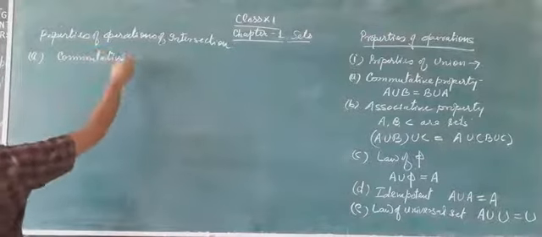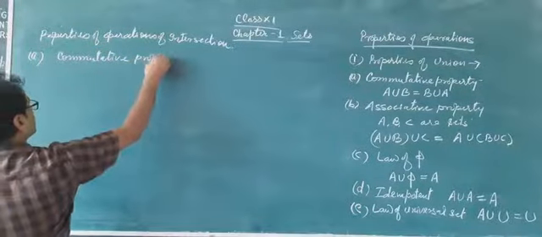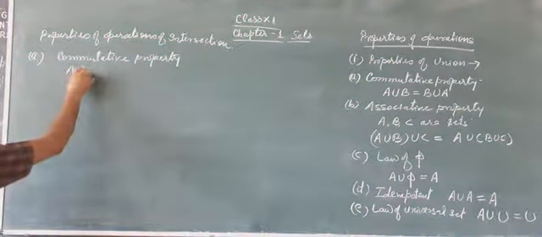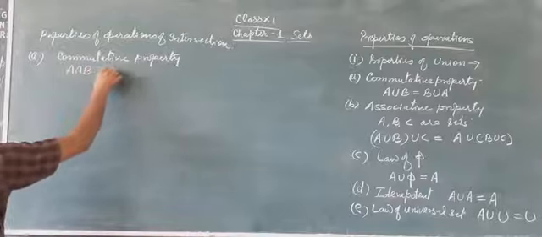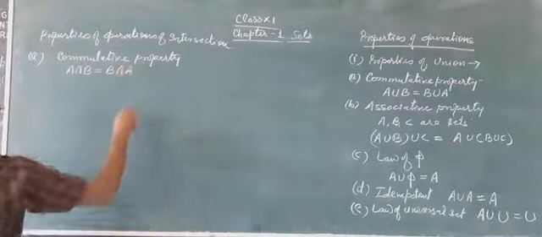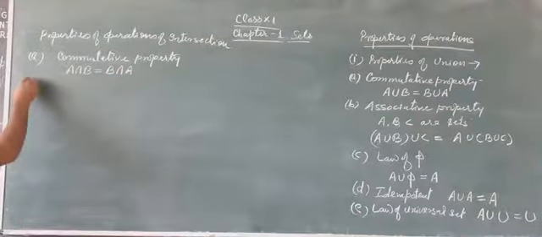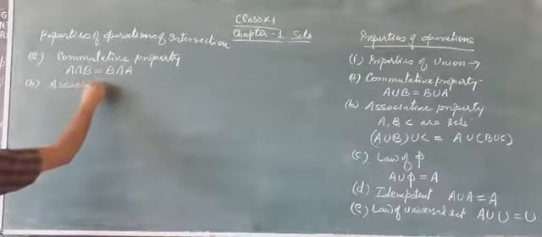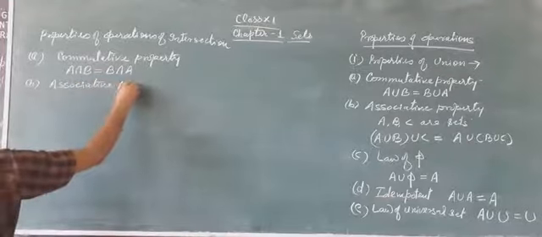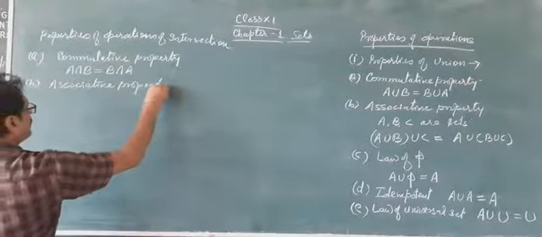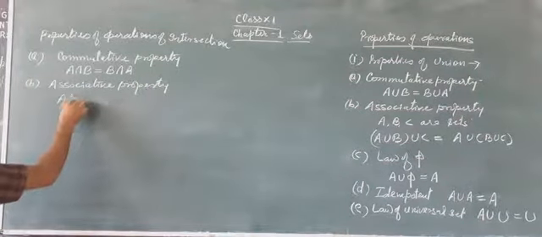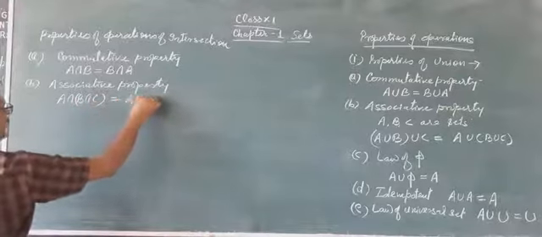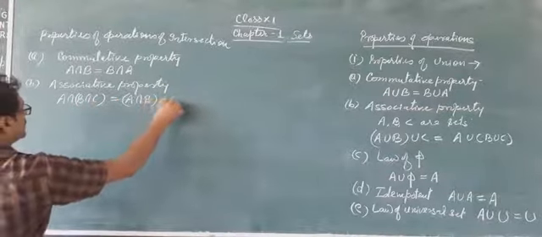Commutative property. And the associative property means (A intersection B) intersection C is equal to A intersection (B intersection C).